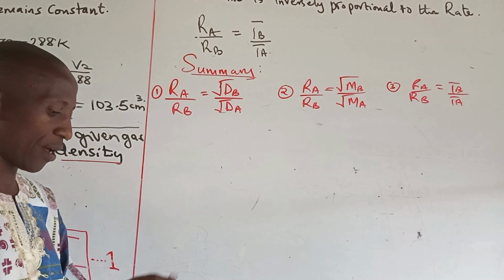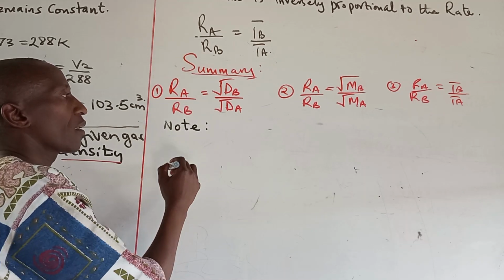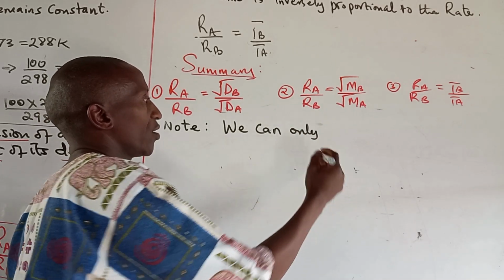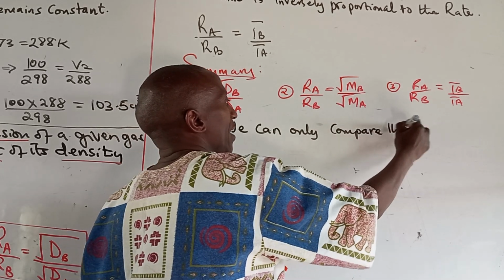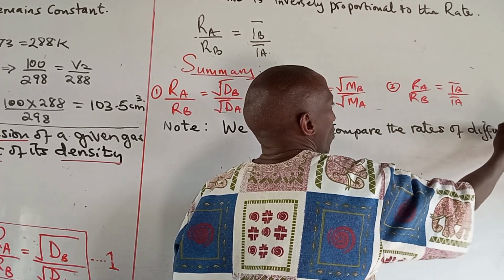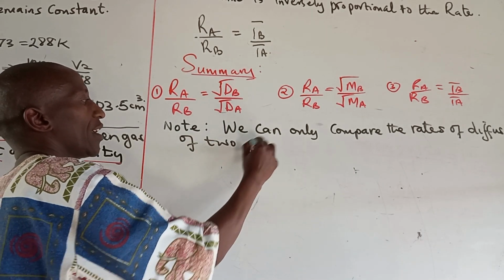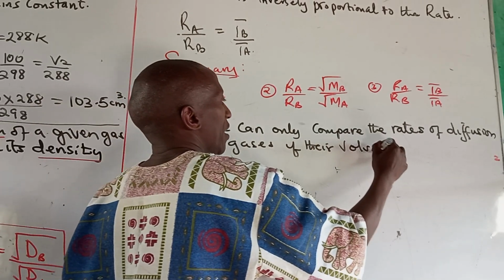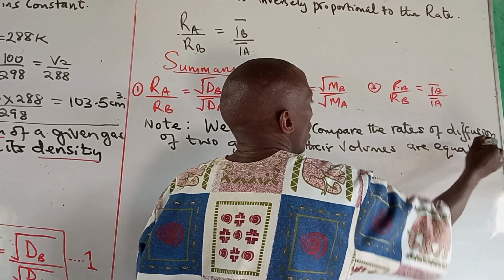So that is a very important item as a note, that in our calculations we can only compare the rates of diffusion of two gases if their volumes are equal.